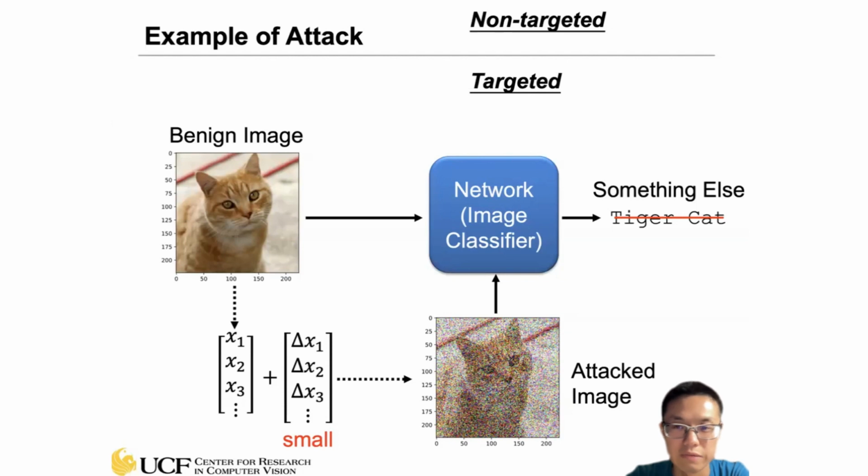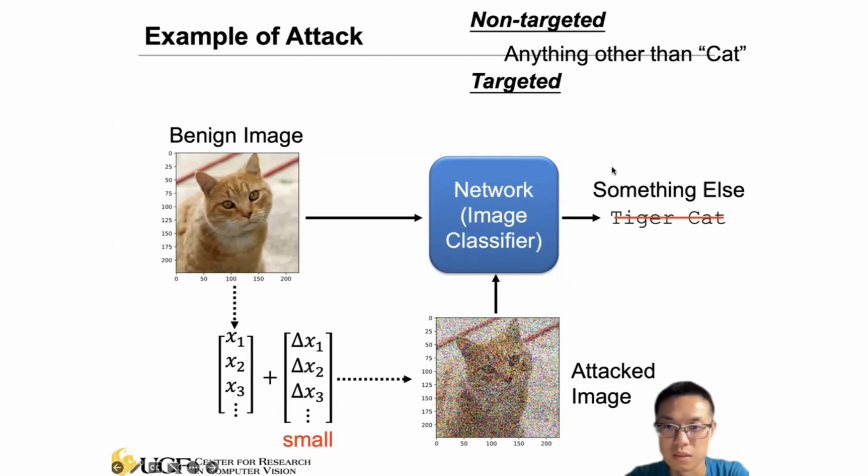So for the adversarial attack, in general, there are two types of attack. One is the non-target attack, and the other is the target attack, okay? For non-target attack, for the classification problem here, we want the network to output anything other than the ground truth label. So in this particular example, if the ground truth label for this image is tiger cat, with a non-target attack, what we want is the network to output some random label that is not tiger cat, okay?